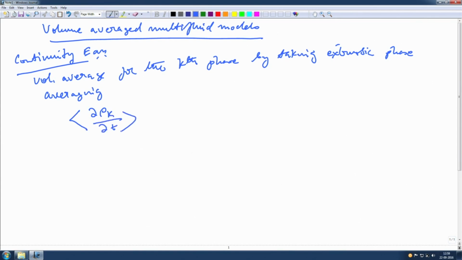This equation you already knew from the differential formulation, without any assumption of incompressibility.